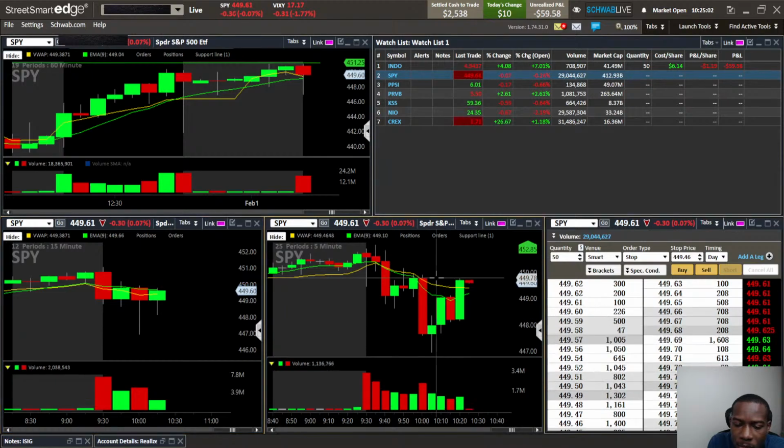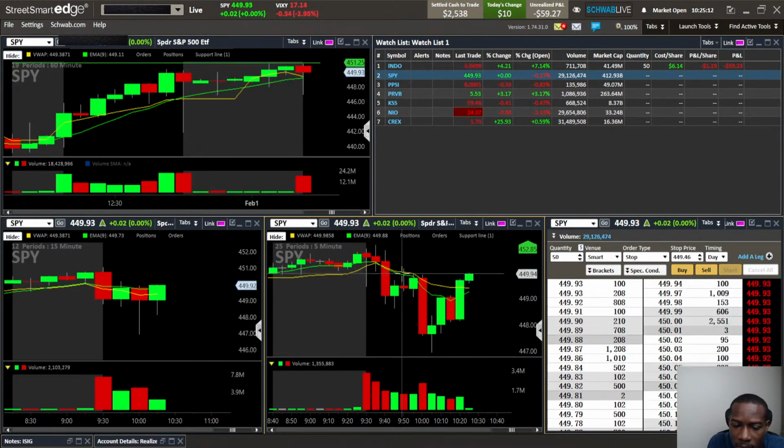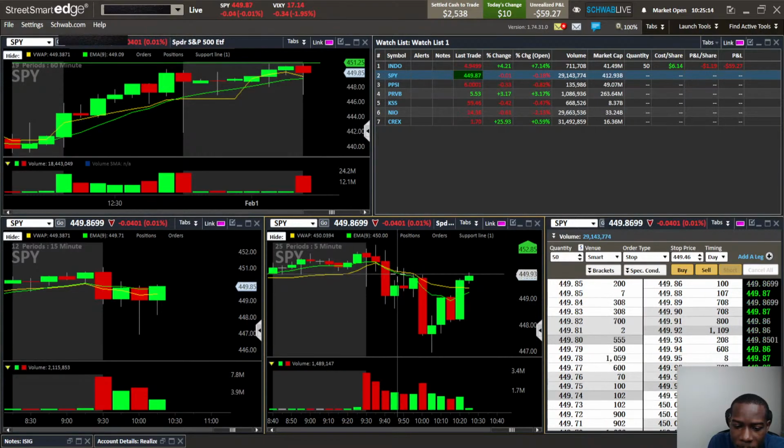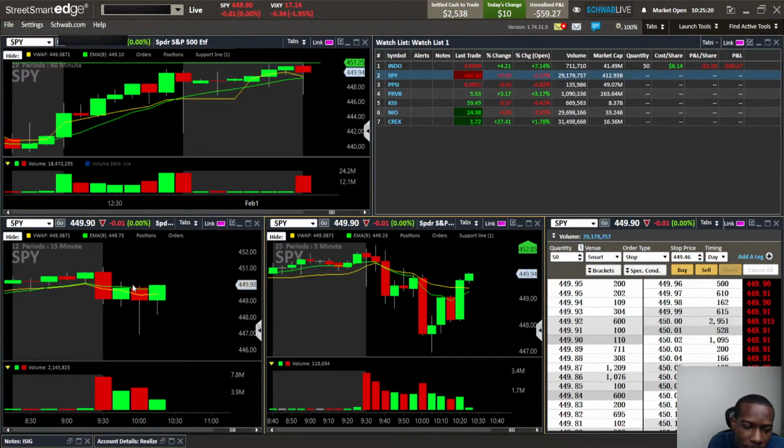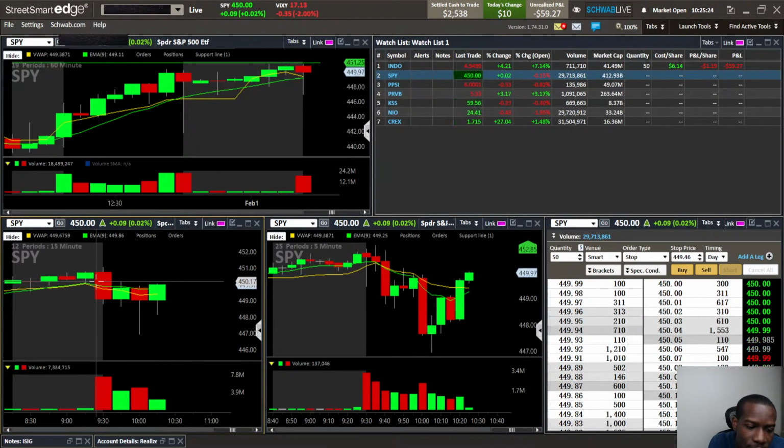Okay, opening up a new candle. It needs to break this top, at least get a wick up there in the first 5 minutes. There it is. Okay, at least get a wick up there. And it's going to get this continuation. The next point is the 450.17.